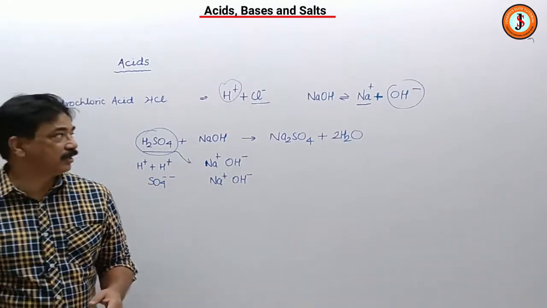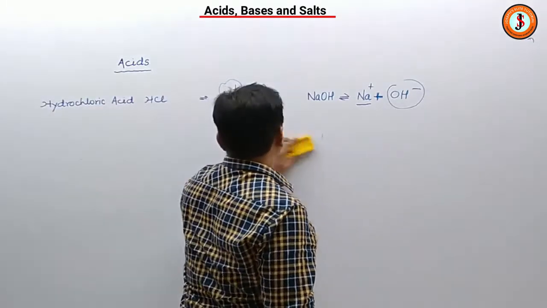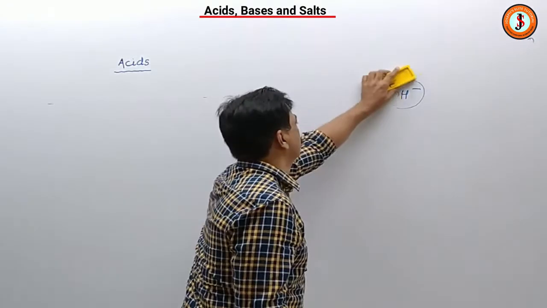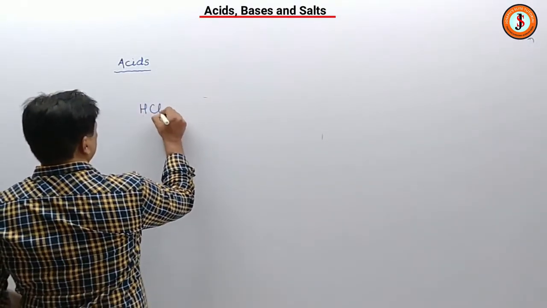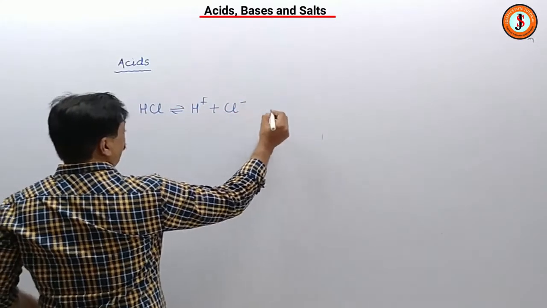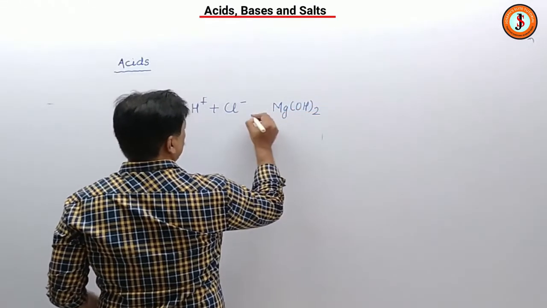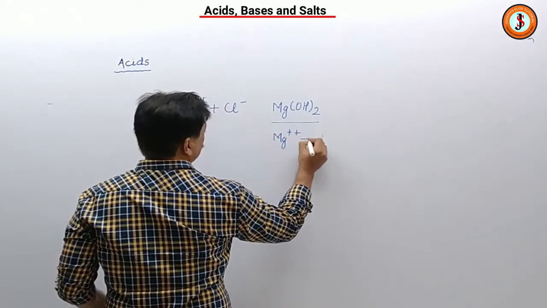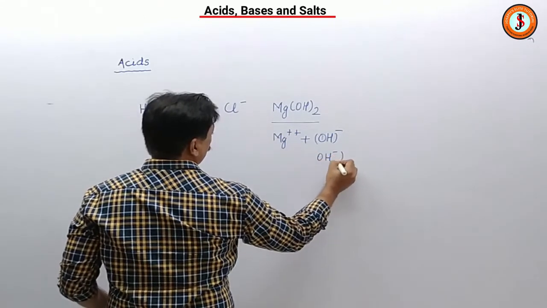Similarly, if we talk another way around, let us have a look. HCl will break up as H plus and Cl minus, and Mg(OH) whole twice is a base, so it will dissociate as Mg2+ and OH minus 1 and OH minus 2.